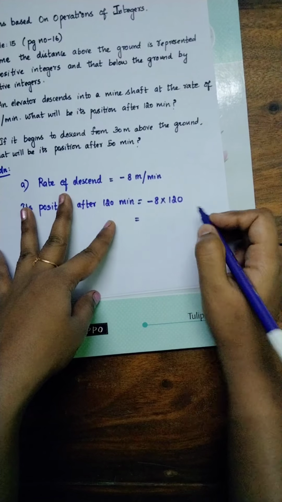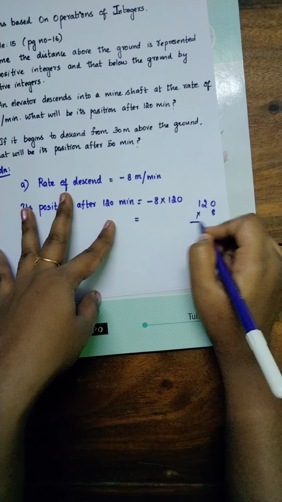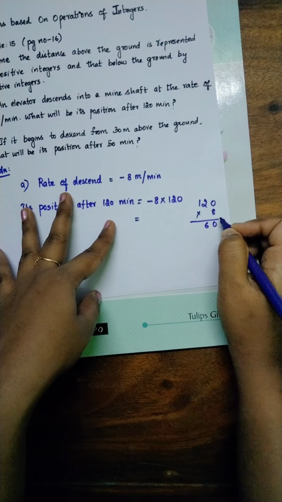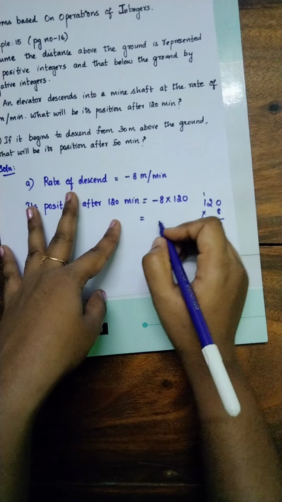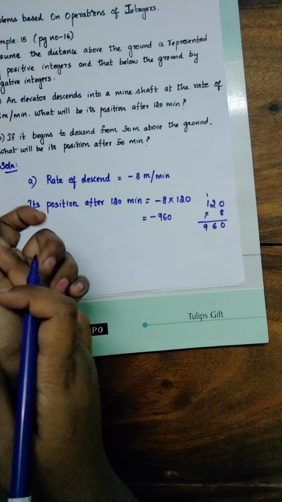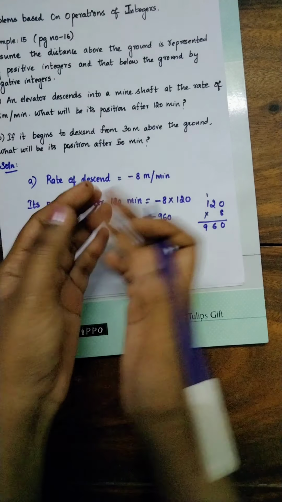Multiply both the numbers: 120 into 8. 0 into 8, 0. 2 into 8, 16, balance 1. 1 into 8, 8 plus 1, 9. So our answer is minus 960. So it is 960 meter below the ground.